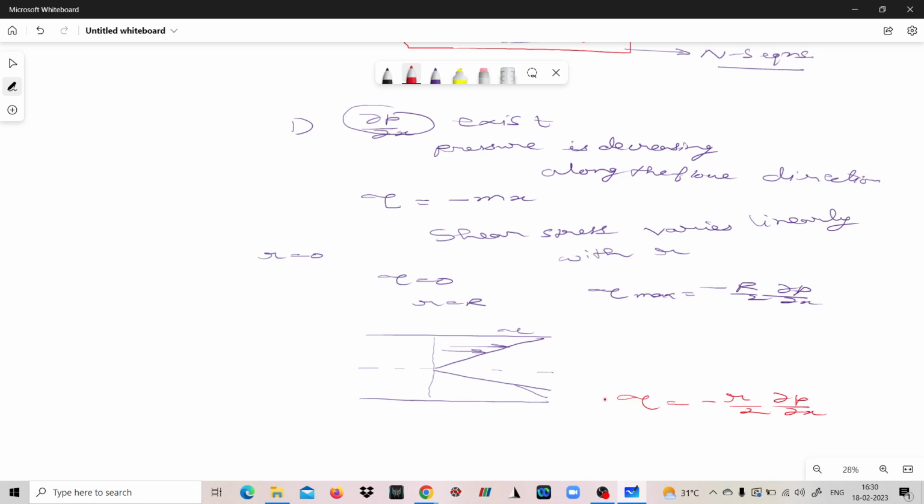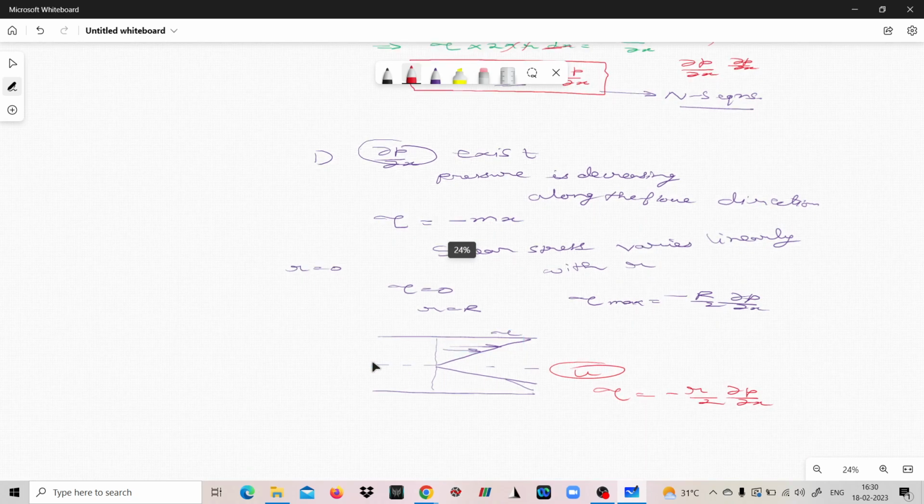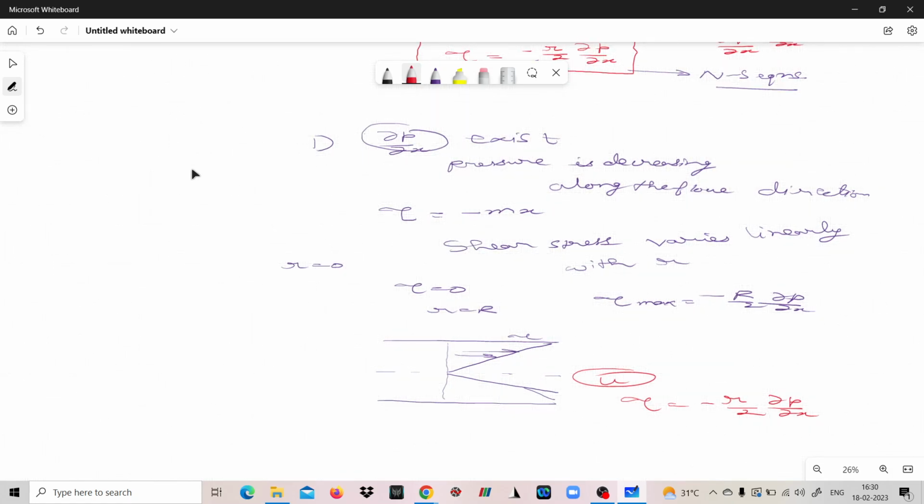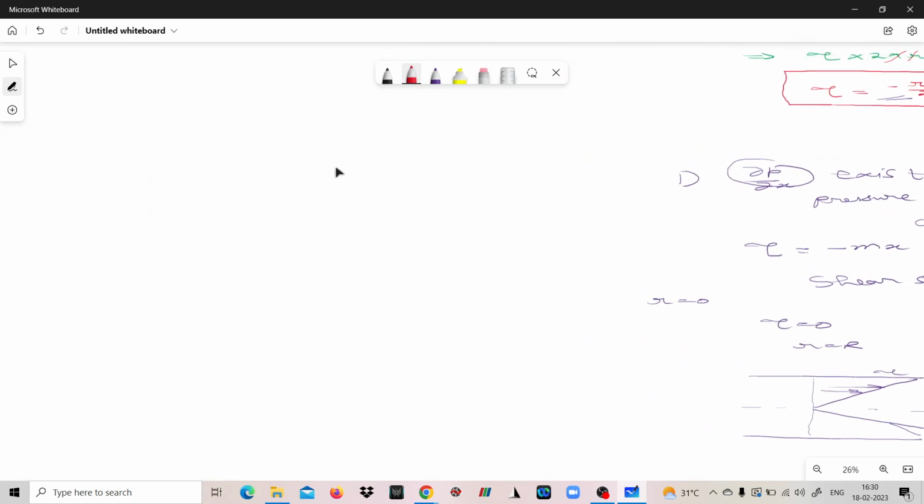Next is the variation of velocity, that is u. What is the variation of velocity at a particular section? In order to obtain it, we will again refer to the same problem figure, and we will be using one important property or assumption that we have used.